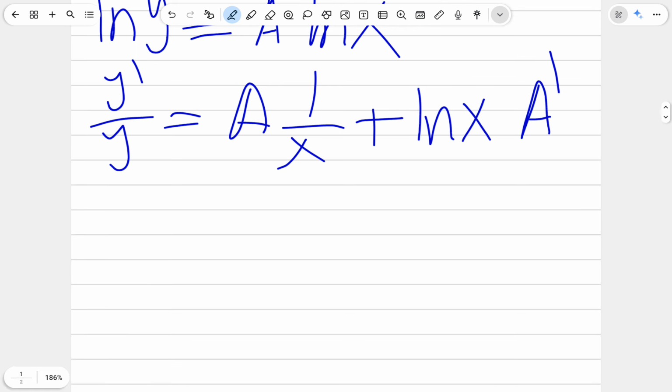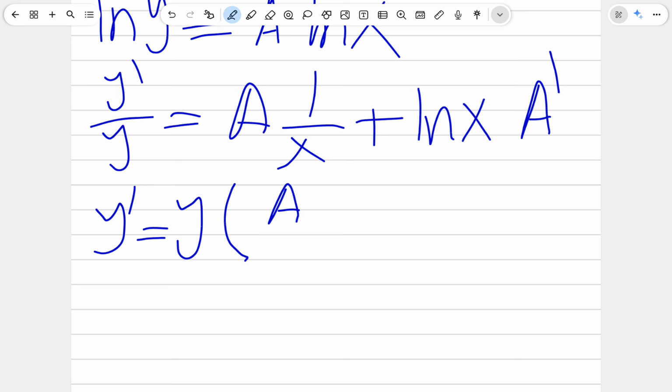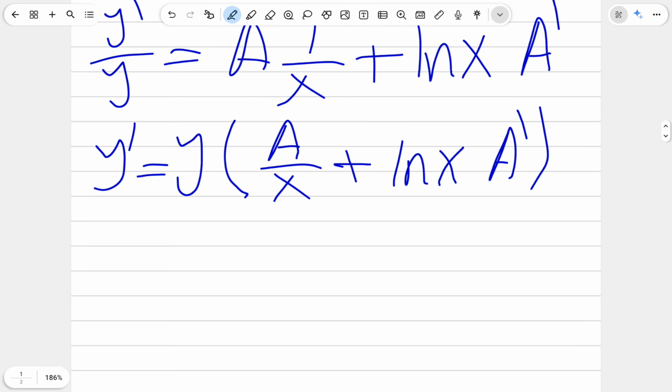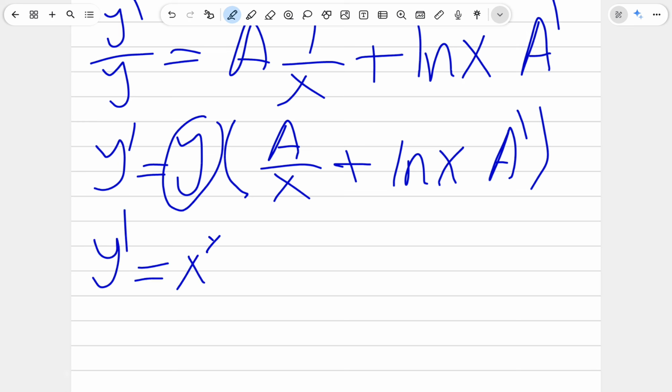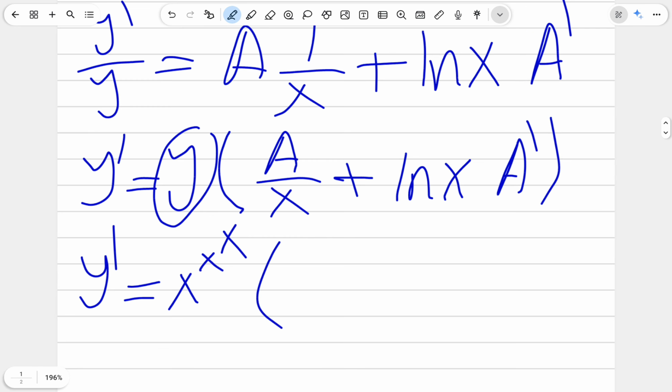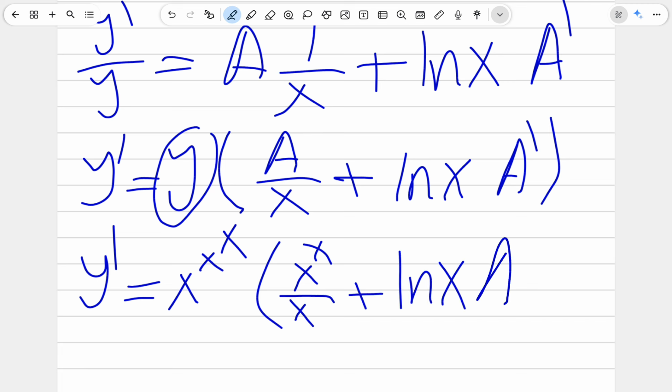So y dash equals y multiplied by a over x plus ln x a dash. Okay. We will substitute y, so y dash equals x power x multiplied by, a we say x power x, so x power x over x plus ln x a dash.